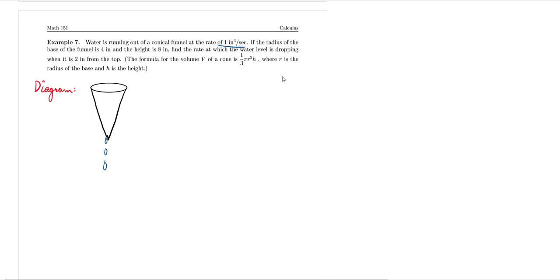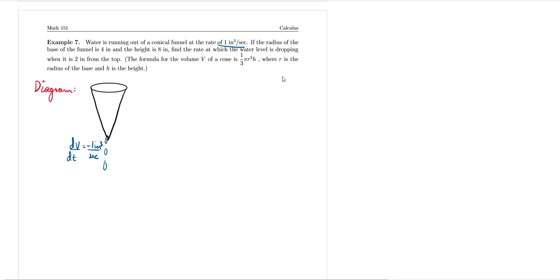So remember, this is a changing volume here because it's inches cubed per second. So I'll put this one here as dV/dt equals negative 1 inch cubed per second. And again, notice I have it negative because the volume itself is decreasing because you are losing water. Okay, what else do we know here?